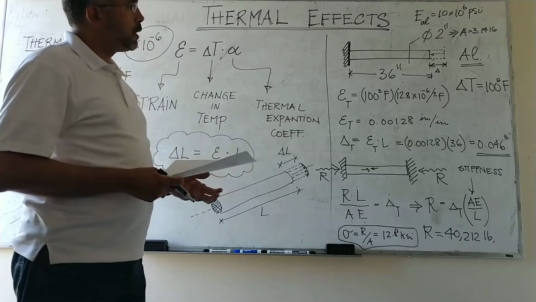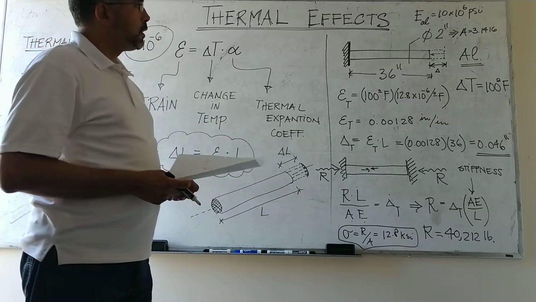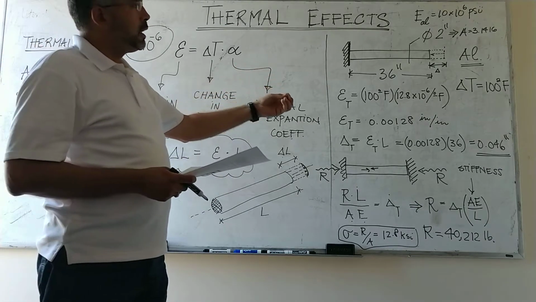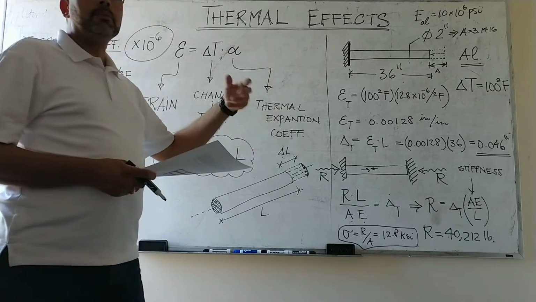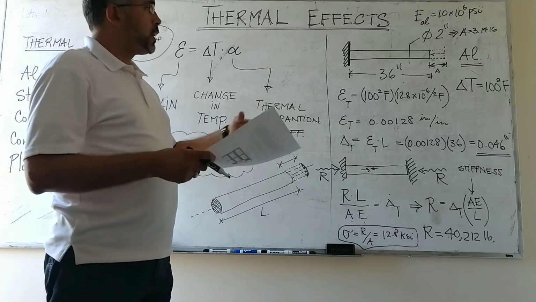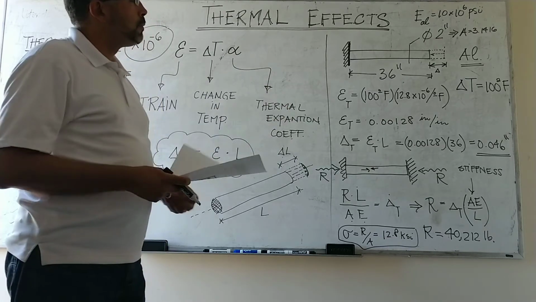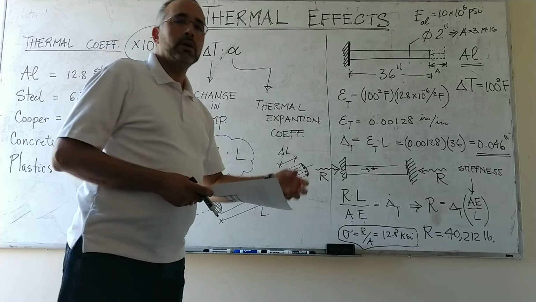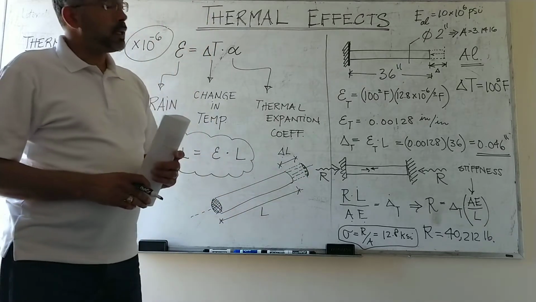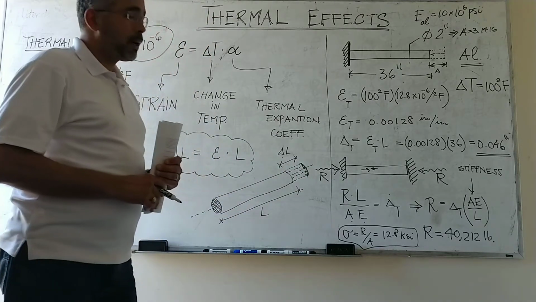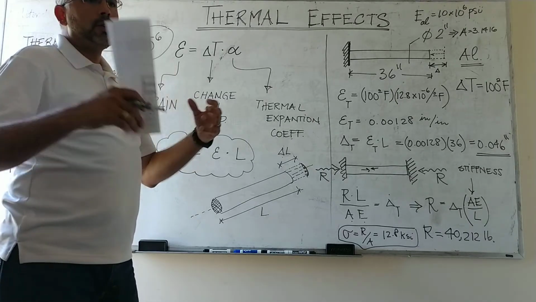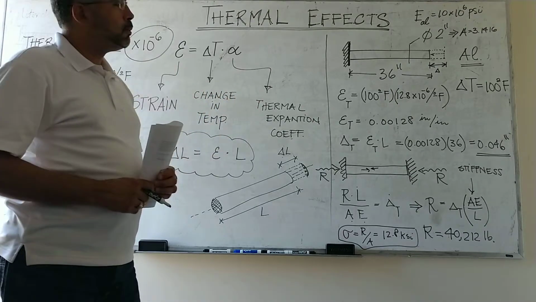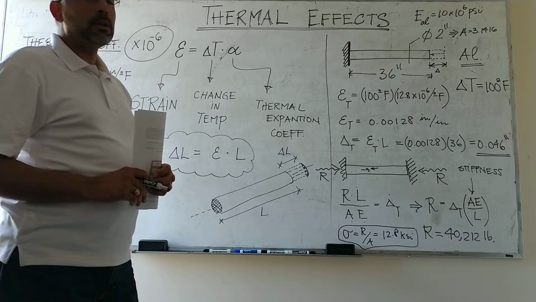So it's very important to consider these temperature effects. The same thing happens in civil structures like bridges that are subjected to thermal expansions due to the changes that occur in temperature throughout the year, and those expansions have to be accommodated somehow so that the bridge can move without creating additional stress.